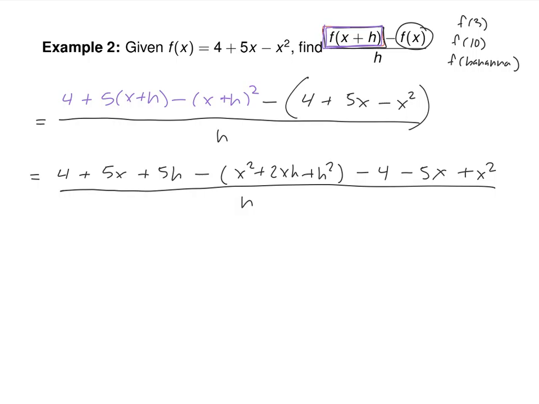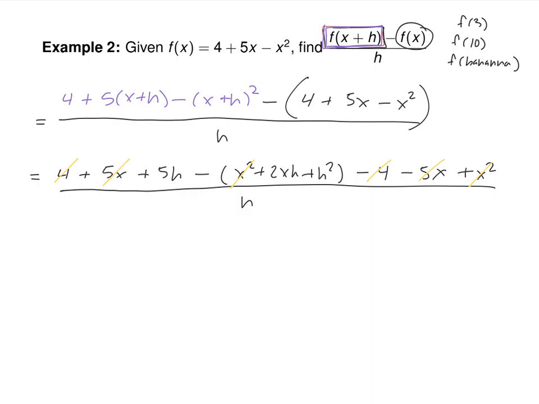And if you're going to cross off stuff that cancels on your test, do so very lightly so I can still see what you had there. I once had students scribble it out so I couldn't see what they had, and that was very not helpful. So what cancels that you can tell right away? The 4s. What else? 5x. And technically the x squareds are going to cancel once that negative distributes, right? Okay.